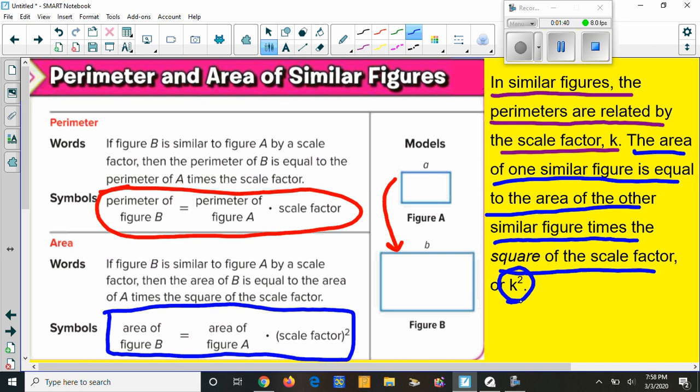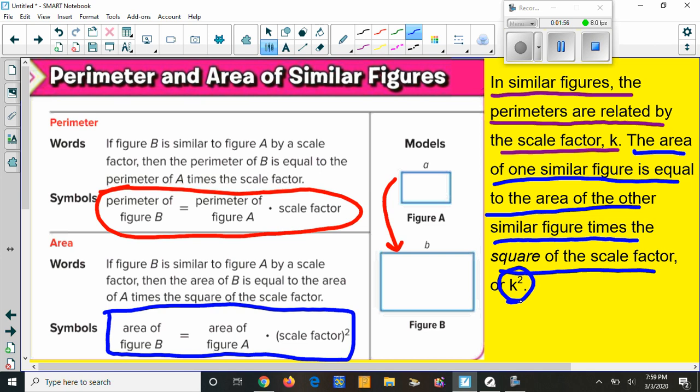So what's going to be important here is to make sure we're careful about which one we are looking at. We'll take extra care to make sure we are finding the scale factor in order to make this work.